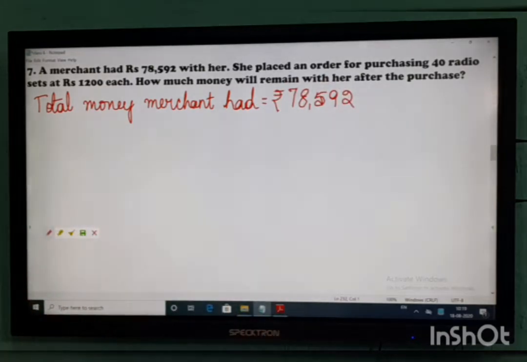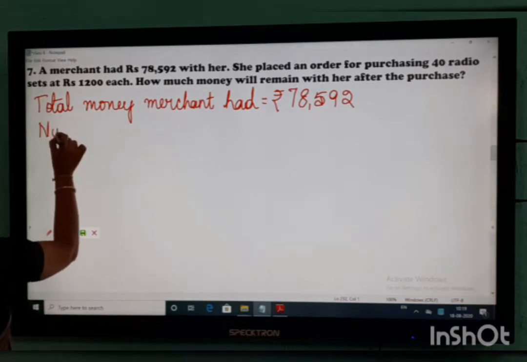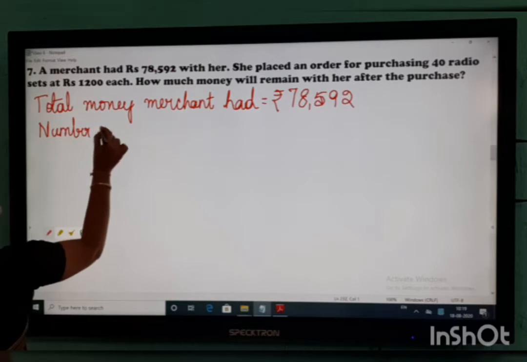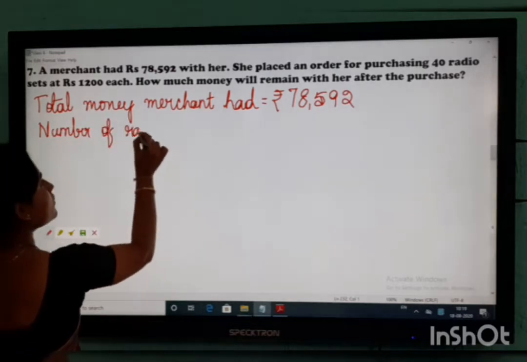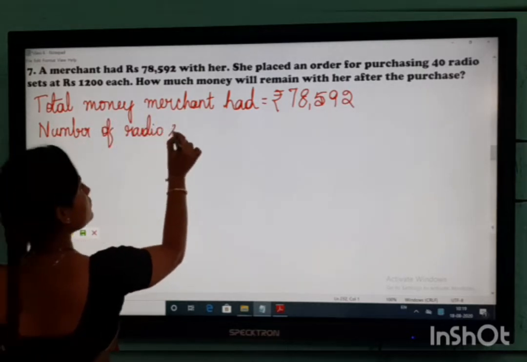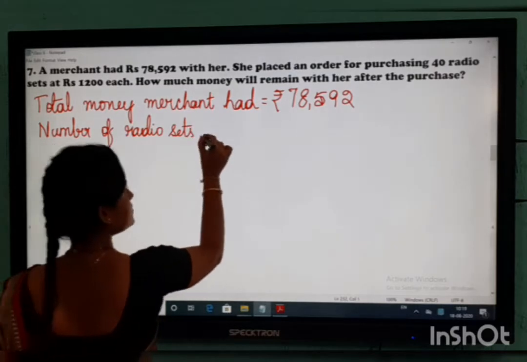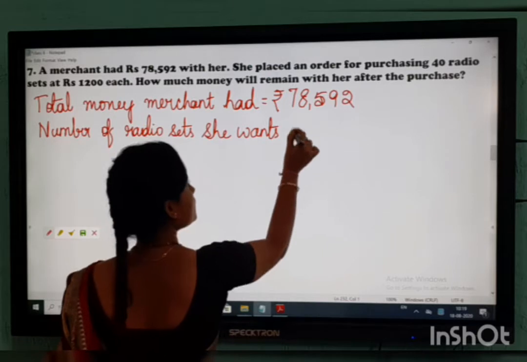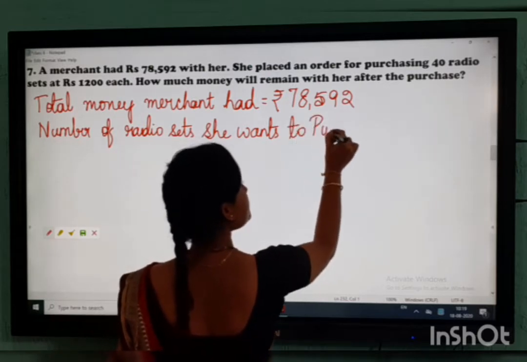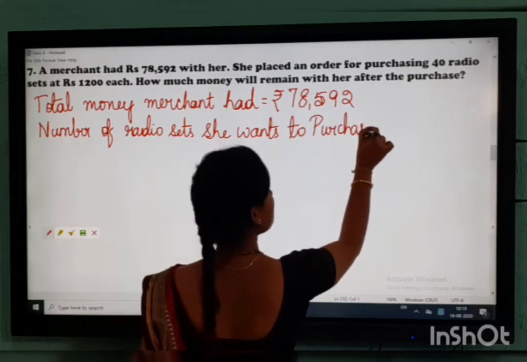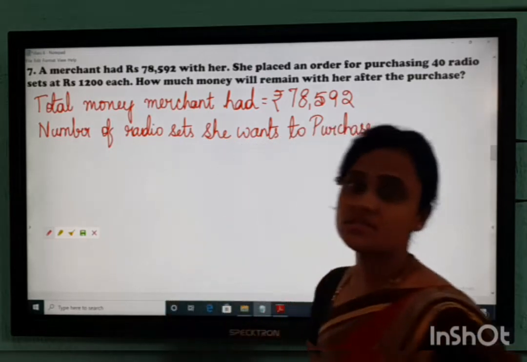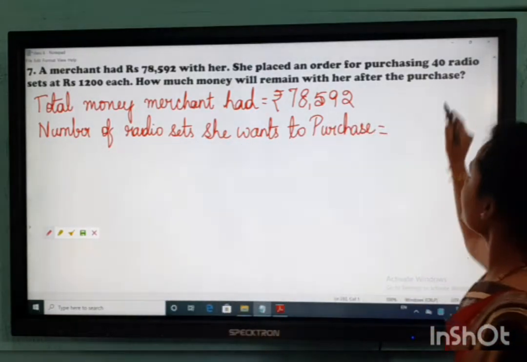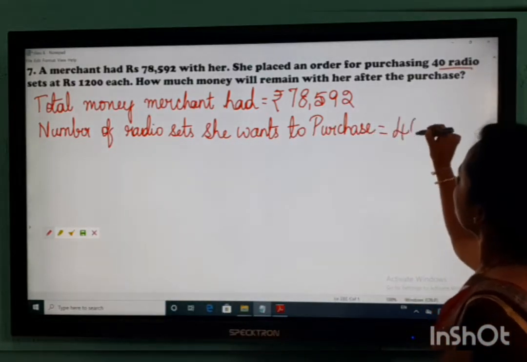Clear? Yes. Now, next statement is number of radio sets she wants to purchase. How many radio sets does she want to purchase, children? 40.